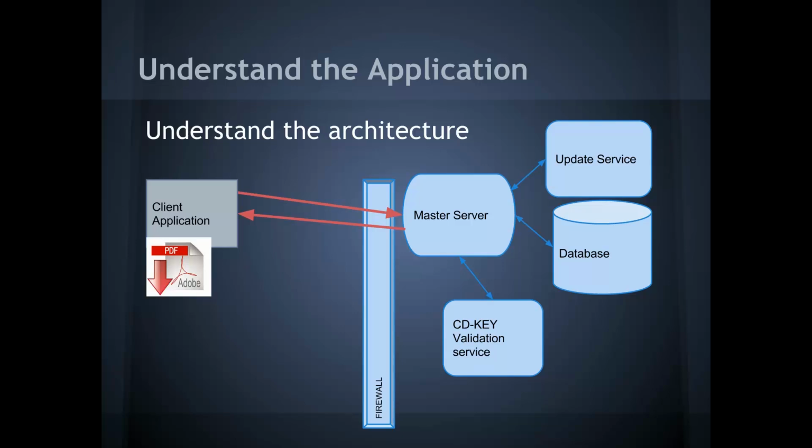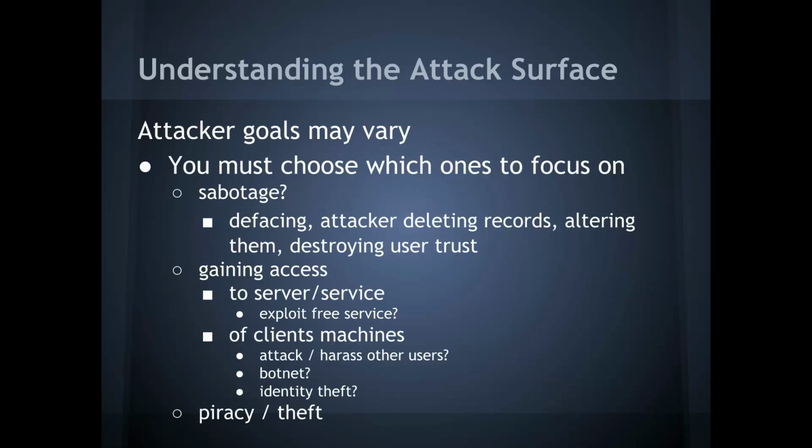You contact the master server, and there's an update service and perhaps a CD key validation service. You have to really understand the architecture of your particular scenario to do code auditing effectively, because the architecture dictates the attack surface. And the attack surface is what attackers are focused on.